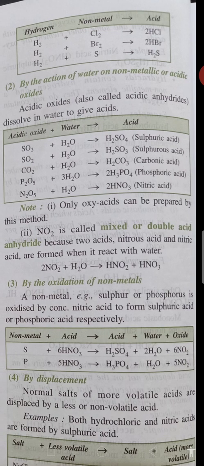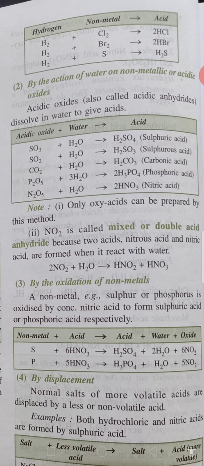Then the second method of preparation of acid is by the action of water on non-metallic or acidic oxides. Non-metallic oxides like SO2, CO2, SO3, P2O5. Now children, if sulfur trioxide is added to water, it gives you sulfuric acid.